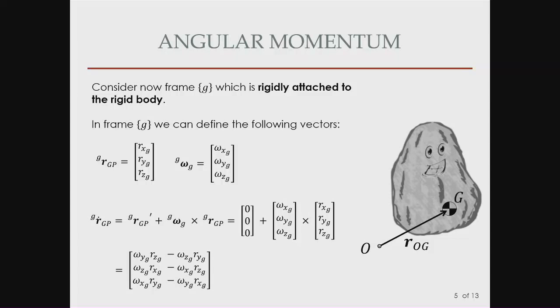Given any point P on the rigid body, the components of the vector going from G to P are constant, because both points are specific points in a particular location on the rigid body.